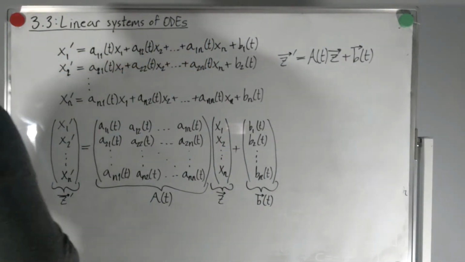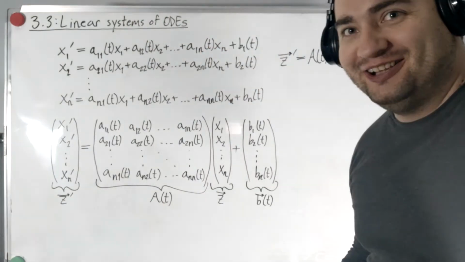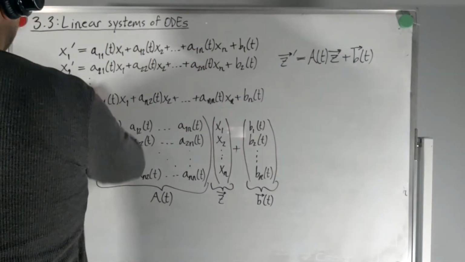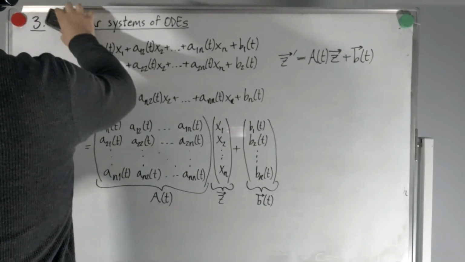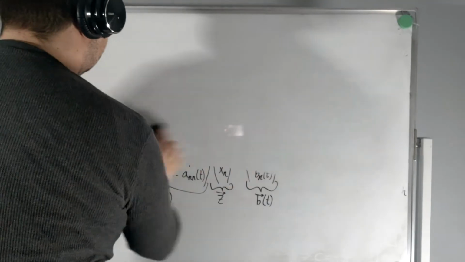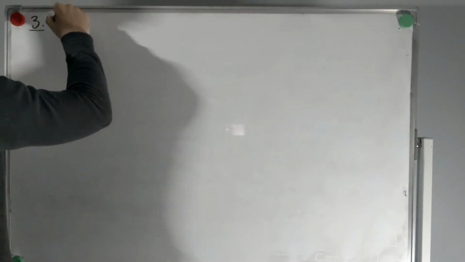Right, so that's all there is in 3.3. So let's move on to 3.4, the eigenvalue method.